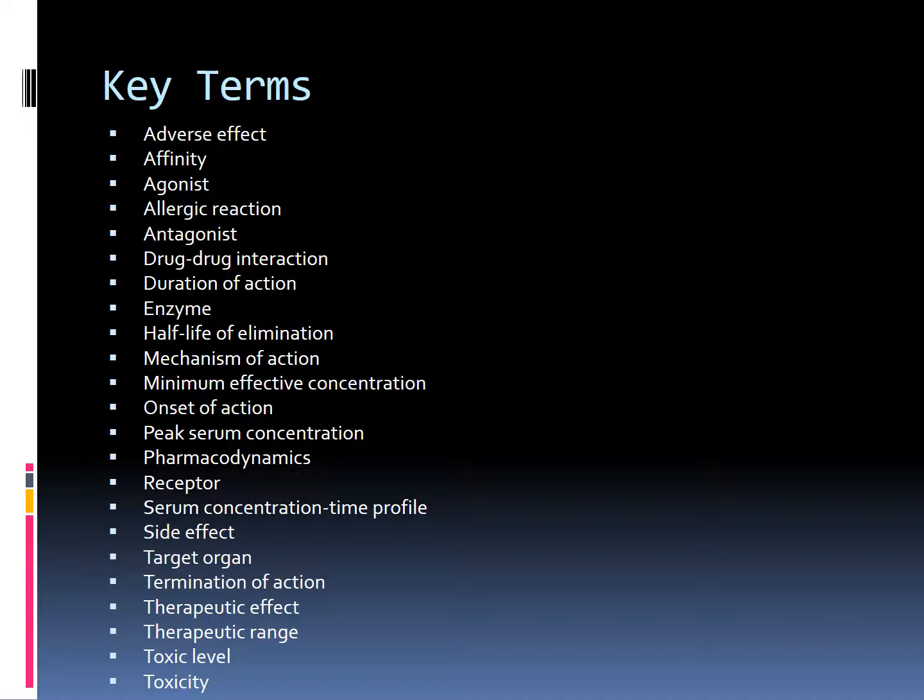The key terms for Chapter 4 are adverse effect, affinity, agonist, allergic reaction, antagonist, drug-to-drug interaction, duration of action, enzyme, half-life of elimination, mechanism of action, minimum effective concentration, onset of action, peak serum concentration, pharmacodynamics, receptor, serum concentration time profile, side effect, target organ, termination of action, therapeutic effect, therapeutic range, toxic level, and toxicity.